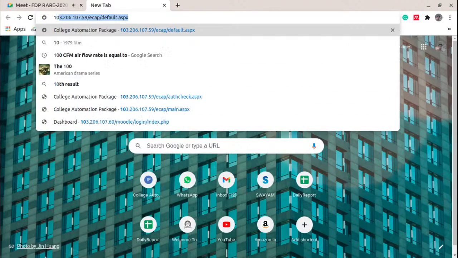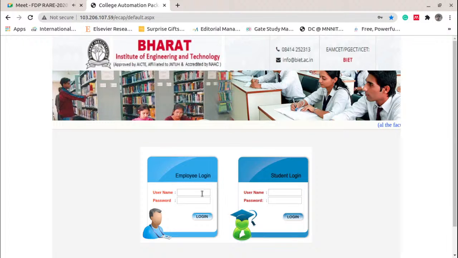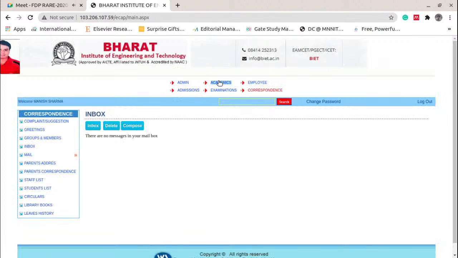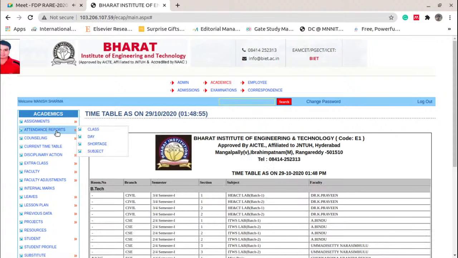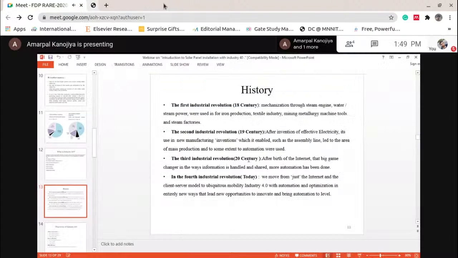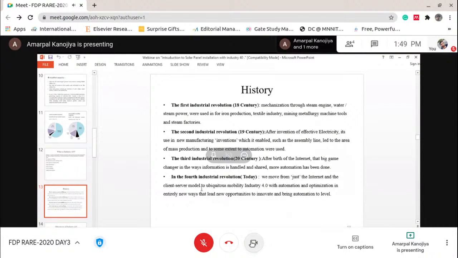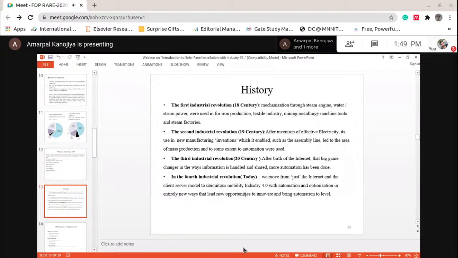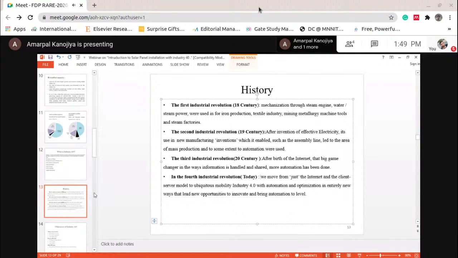The third industrial revolution took place in the early 20th century when electronic components came into the picture, and these electronic components were attached with the internet. So that is the third industrial revolution, and the fourth industrial revolution is taking place nowadays, where the whole automation is clubbed with the Internet of Things, and the whole control is done by your mobile. So that is the fourth industrial revolution.